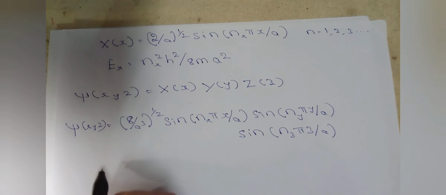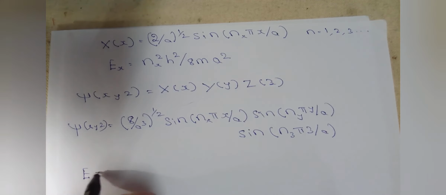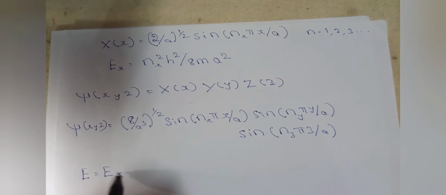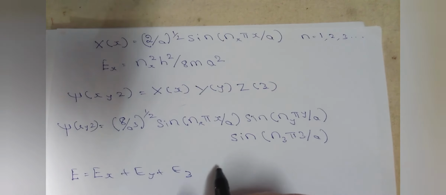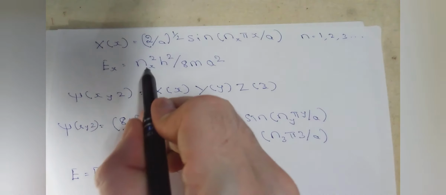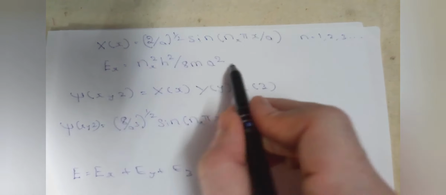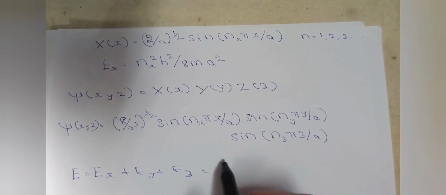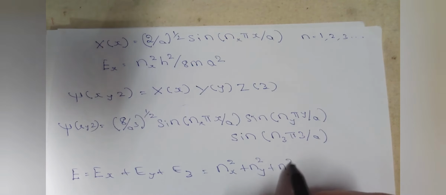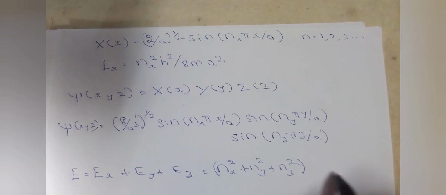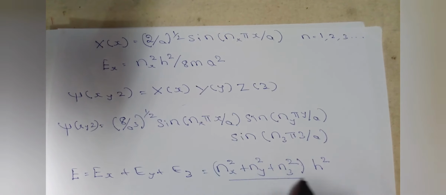And the total energy E is equal to Ex plus Ey plus Ez, and this will be nothing but the sum for x, y and z. So therefore nx square plus ny square plus nz square. Remaining everything is common, so therefore h square divided by 8ma square.